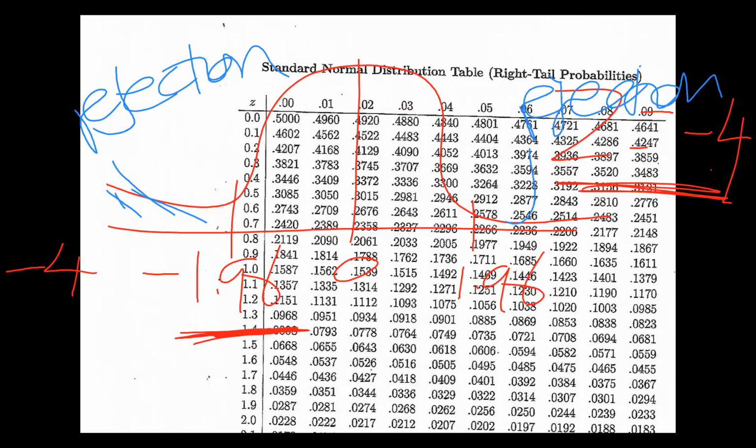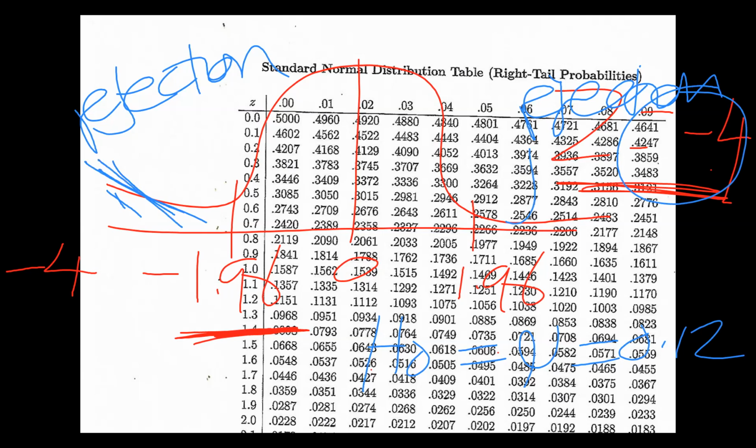What was your null hypothesis? Your null hypothesis was mu is equal to 0.12, or mu is equal to 12%. So you reject that claim. You say it is not true, because this calculated Z value falls in the rejection region.